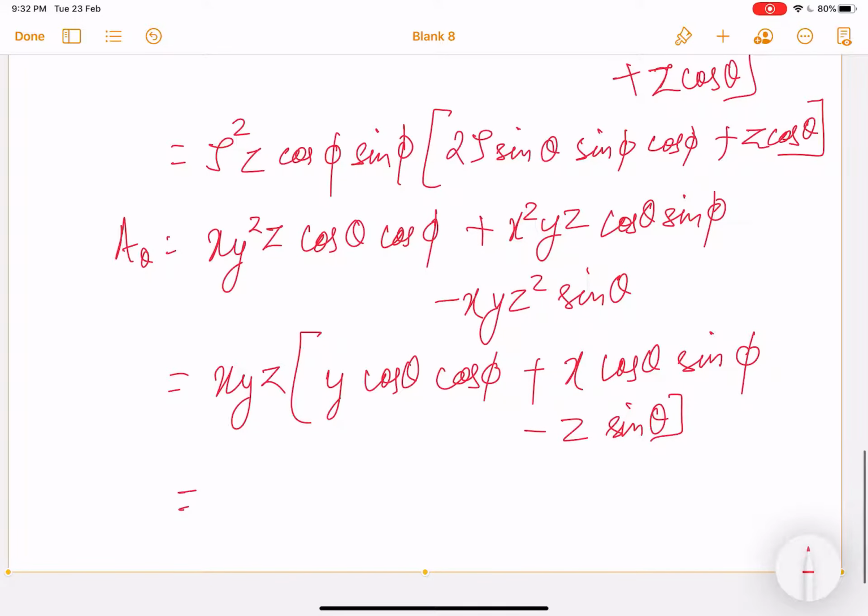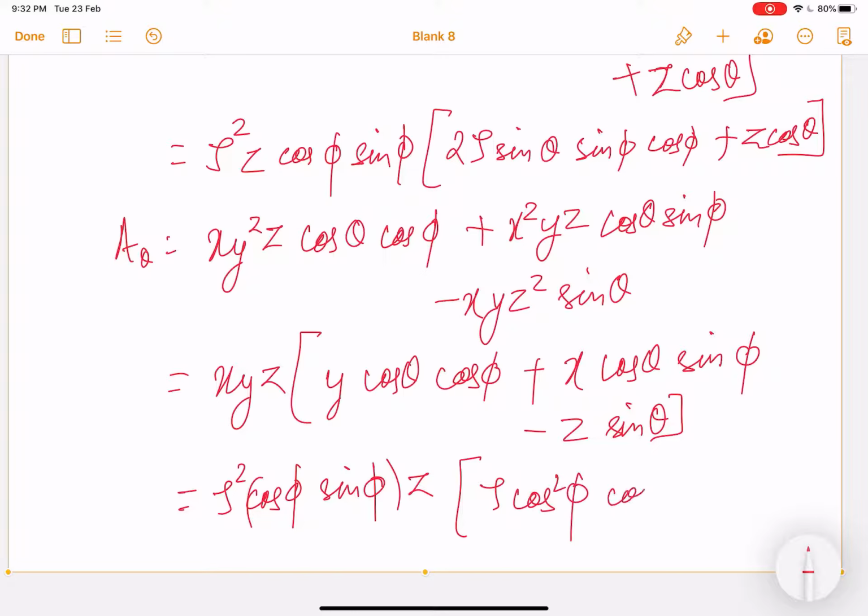Then over here I'll write rho square cos phi sine phi into z, into rho cos phi, cos square phi, it will become cos theta plus rho sine phi.